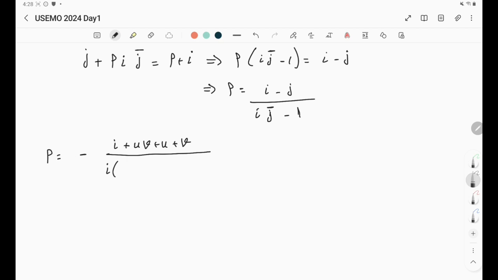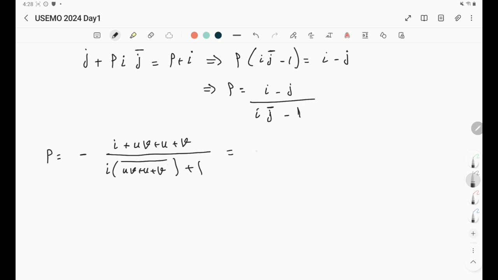And now we can just deal with the positive. So now, the conjugate of UV plus U plus V plus 1. Okay, we should not keep this like this. So we should just multiply by UV, both numerator and denominator.